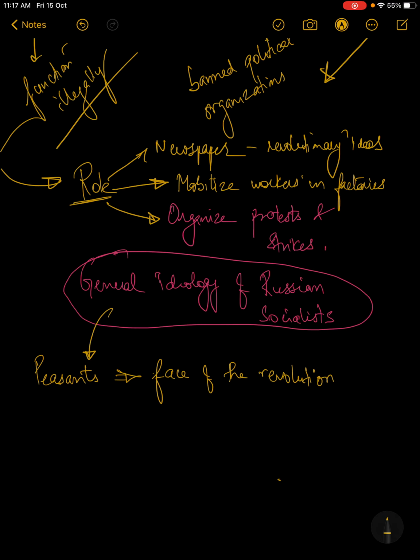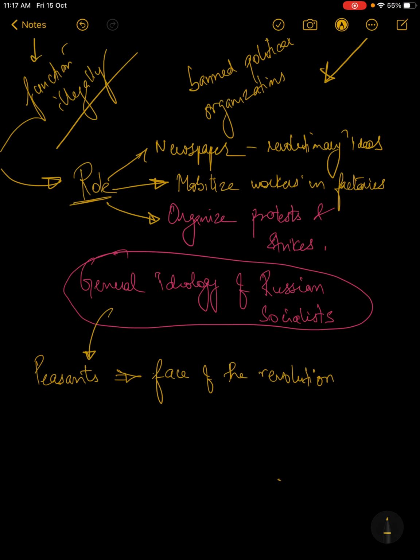Now, in 1898 the first party was formed, the Russian Social Democratic Workers' Party. Back again in 1900, just after 2 years, there is another development: the Socialist Revolutionary Party is established.